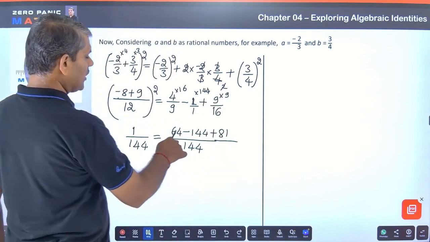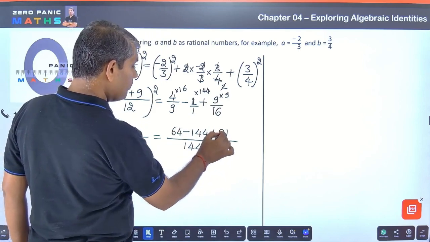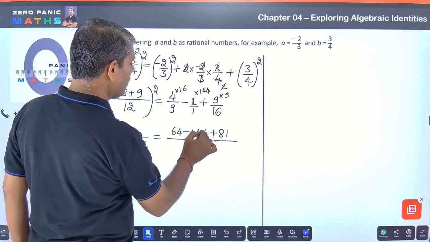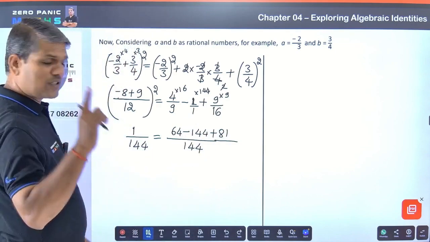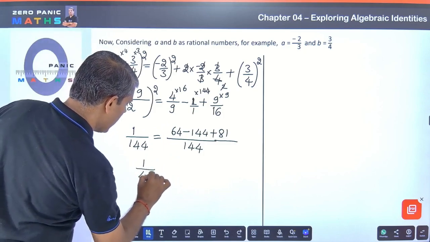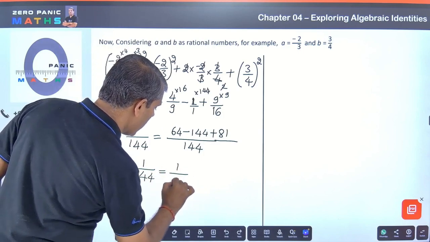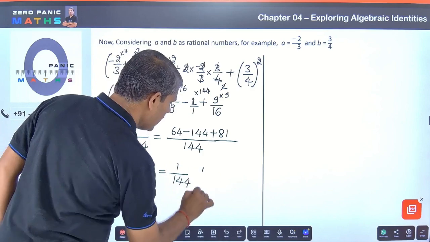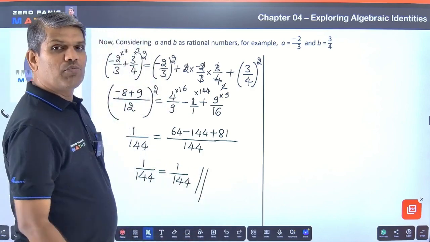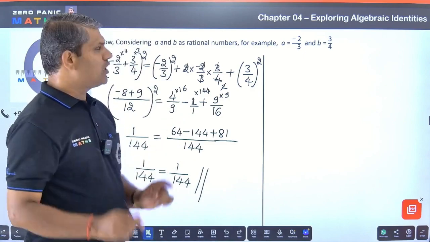Now if you calculate the value here, it will be 64 plus 81, which is 145, minus 144. It is 1 only over 144. So 1 divided by 144 is equal to 1 divided by 144. Obviously it is going to be true only because it is a proved identity. Okay, hope you understood this.